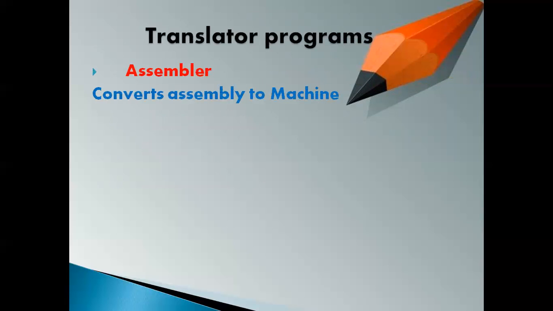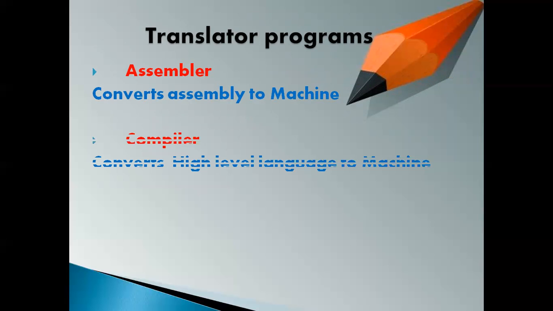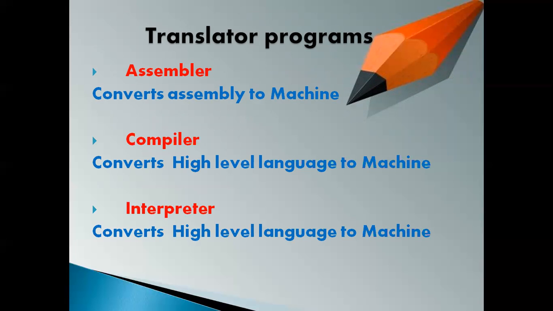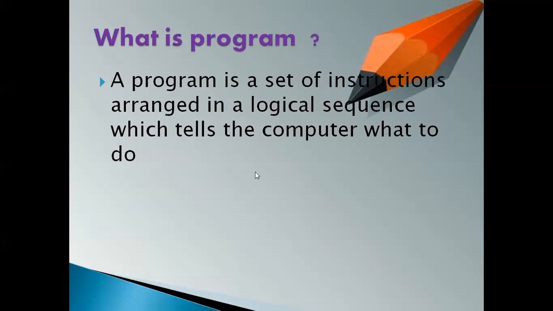The assembler converts or translates assembly language to machine language. The compiler converts or translates high level language into machine language. The interpreter also converts high level language into machine language. Some are slow, some are fast.